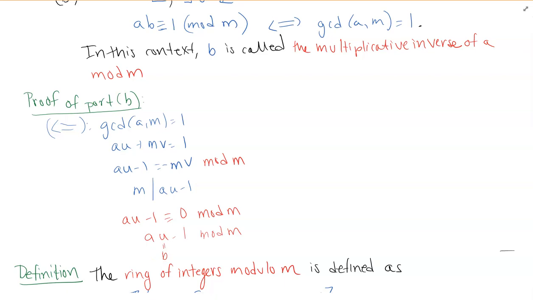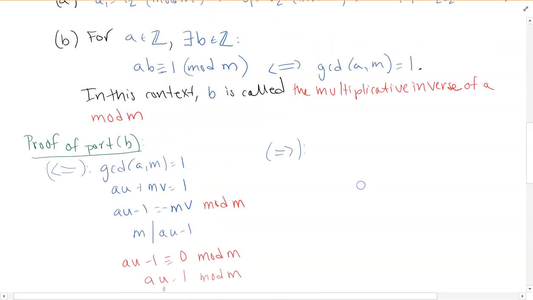Now going the other direction, I wouldn't advise necessarily redoing your steps here, but we would say, suppose there exists a b such that ab is congruent to 1 mod m.